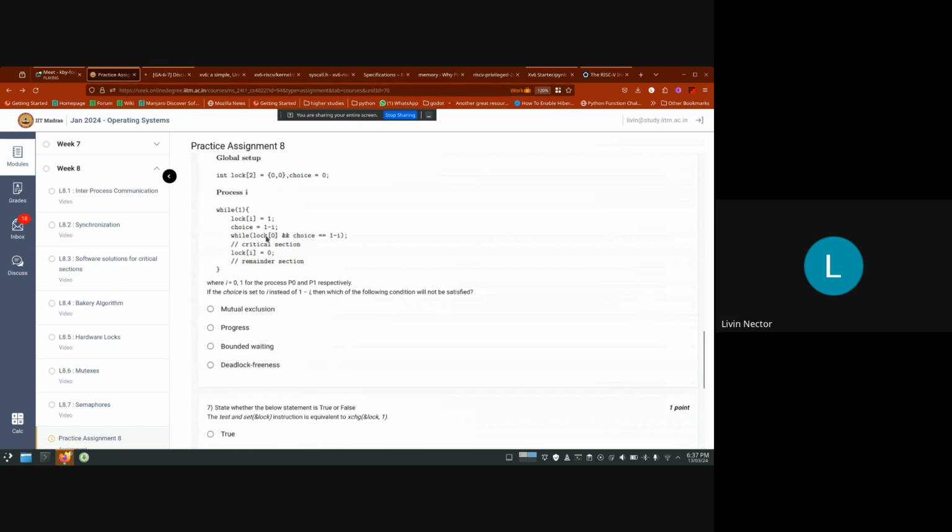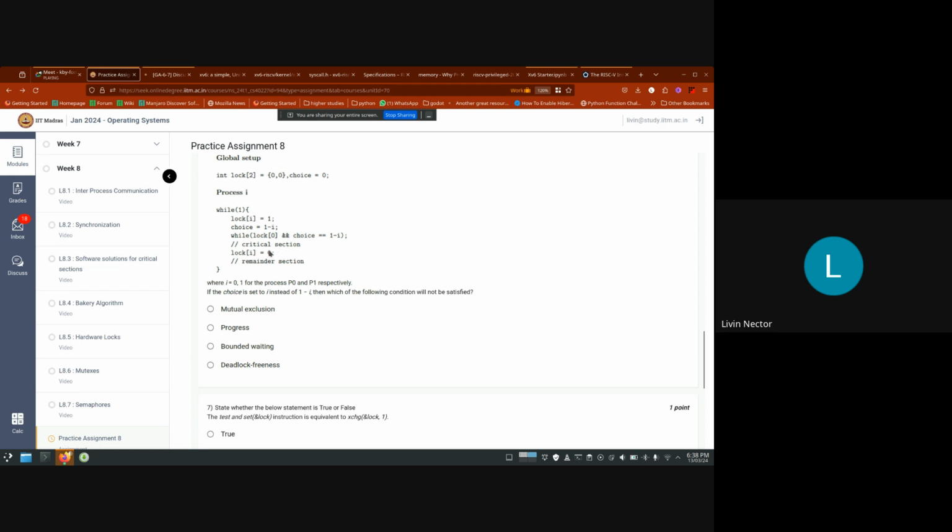So while that one wants to enter, I will wait. And while this guy wants to enter, that guy will wait. Yeah, that should be lock of 1 minus I. So now assume I set this lock to 0. Lock of I equal to 0 means 1 minus I in the other process will be 0, right?